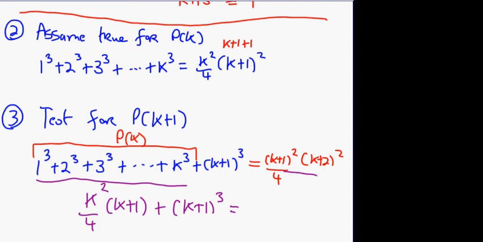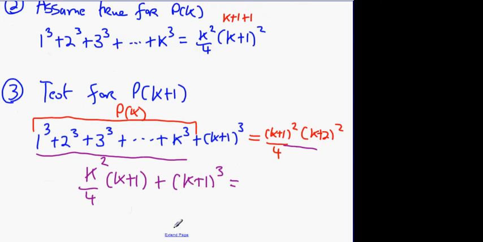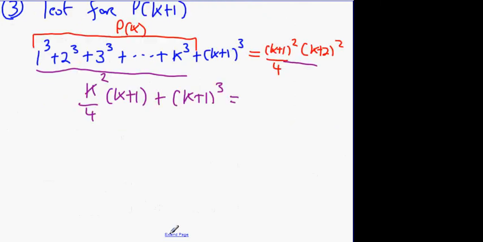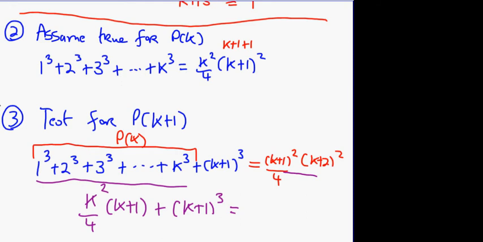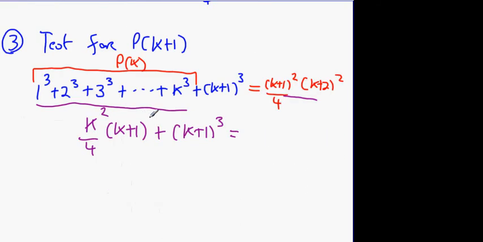Now, what we might do here is work on both sides of the equation. Or we might just see what we can factorize out. So that's k plus 2, that's k plus 1 squared.